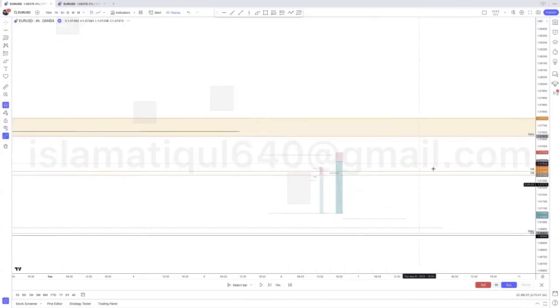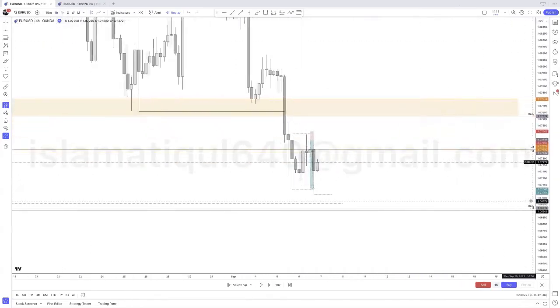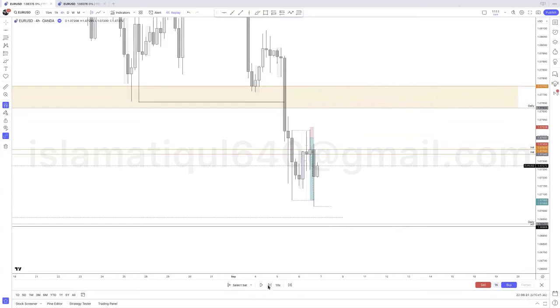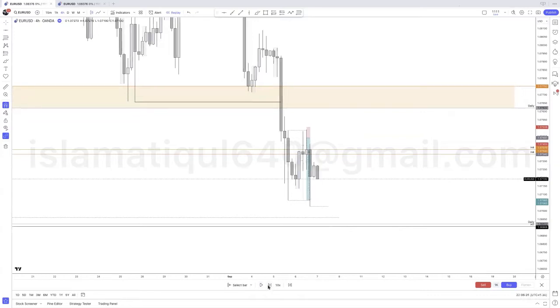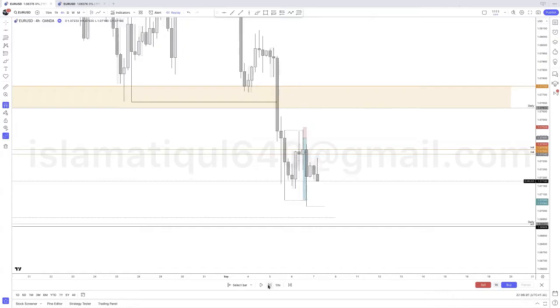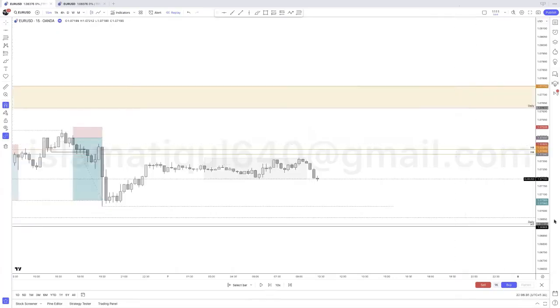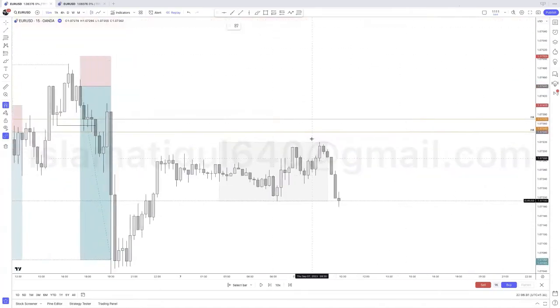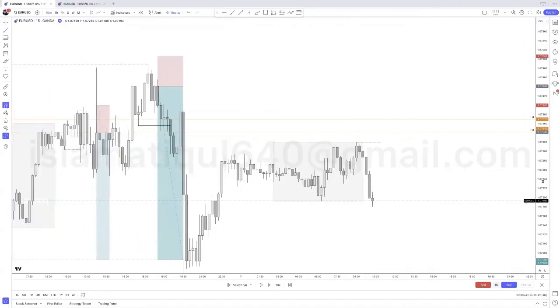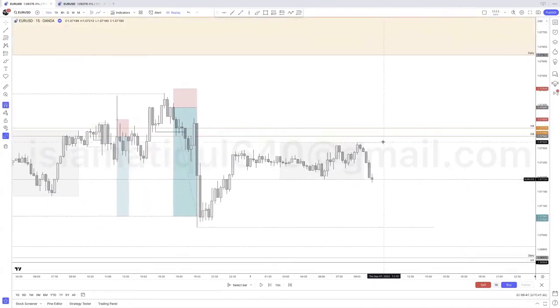Let's wait for Asia to end and then decide what to do. Asia did not tap into it yet. I think Asia is building up liquidity right below the key level that we marked out.